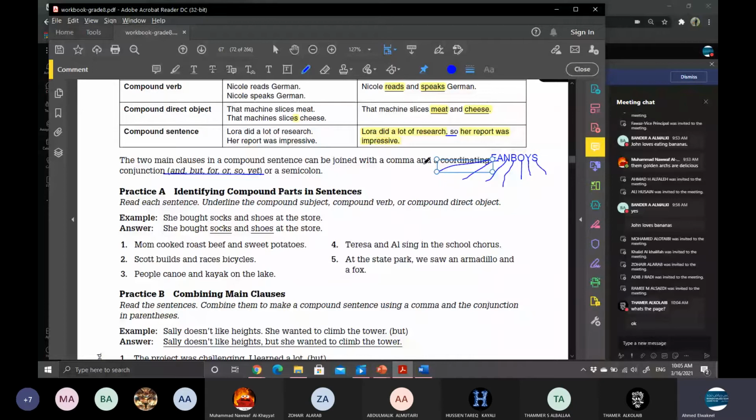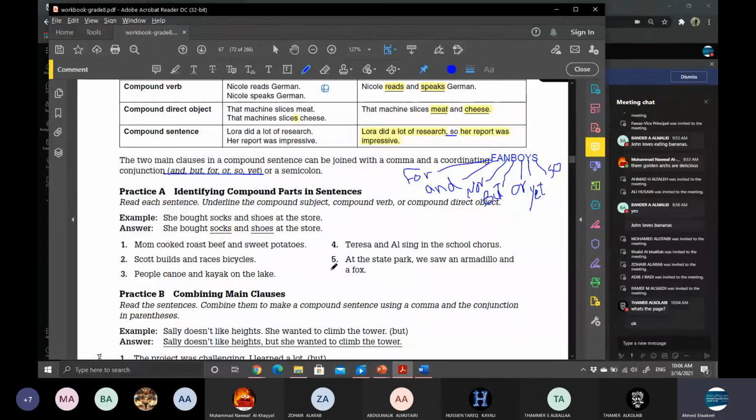F for for, A for and, N for nor, B for but, O for or, Y for yet, and S for so.